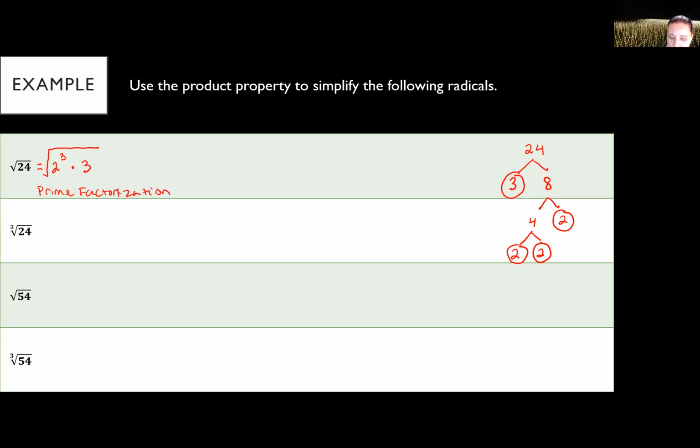And now we're going to follow the same rules that we did when we had the exponents with the variables. I want my exponents to be divisible by 2 because this is a square root. So my 2 cubed, that 3 is bigger than the 2 that I want to group it in. So I can simplify that.